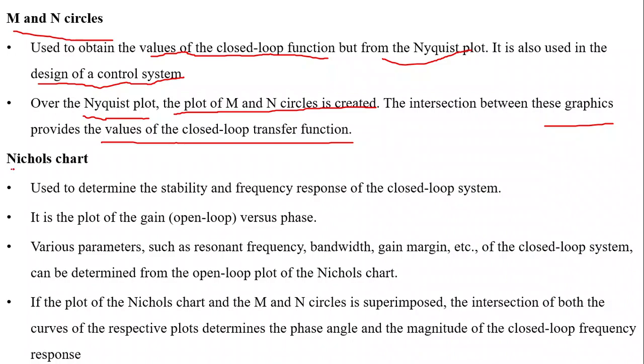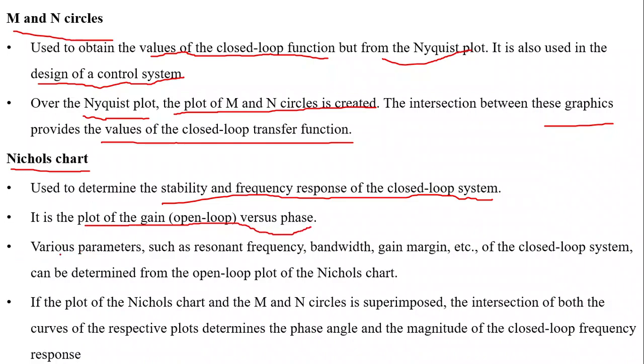The next one is the Nichols chart. The Nichols chart is used to determine the stability and frequency response of control systems, specifically closed loop control systems. The Nichols chart is the plot of gain versus phase angle.